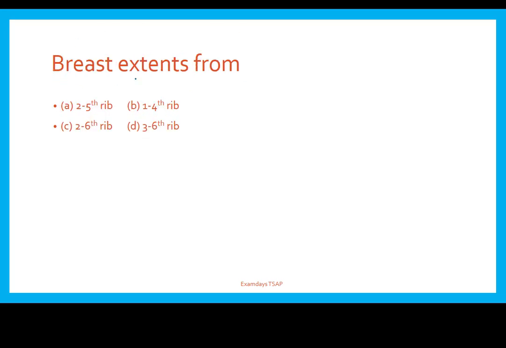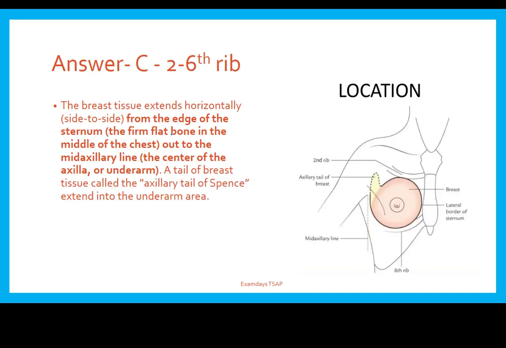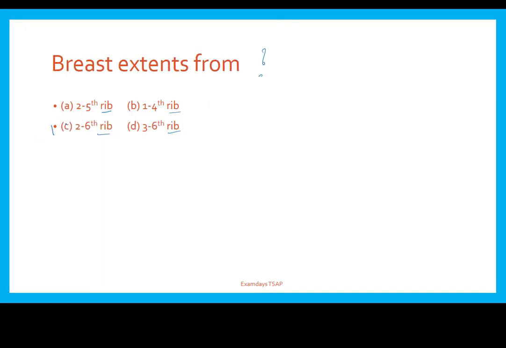The breast extends from what? A, 2 to 5th rib, B, 1 to 4th rib, C, 2 to 6th rib, D, 3 to 6th rib. The correct answer is option C, 2 to 6th rib.